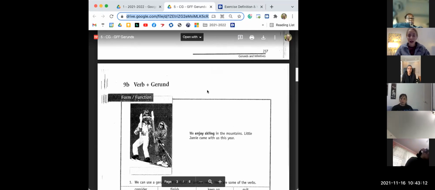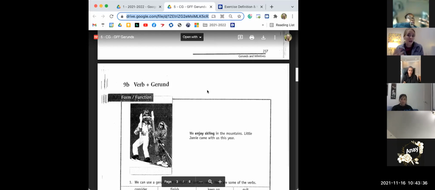So we can use that as the subject or object of a verb. As the subject of the verb, we need to pay very careful attention to the verb that we're using. Next class, we're going to talk more about gerunds, and we'll talk about infinitives as well.